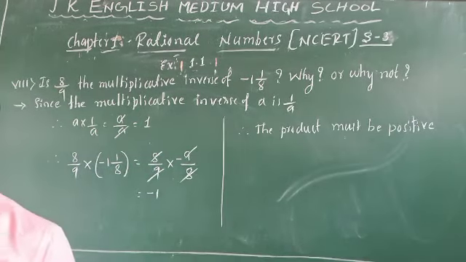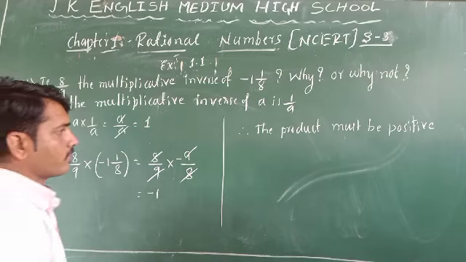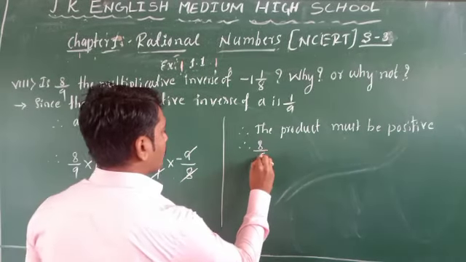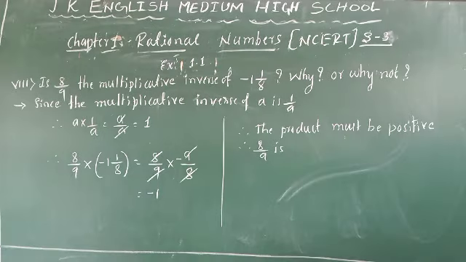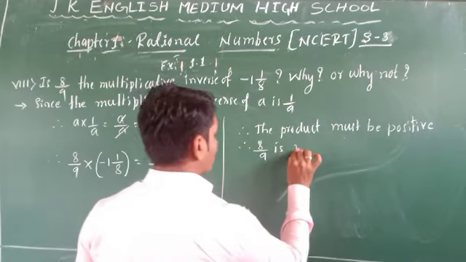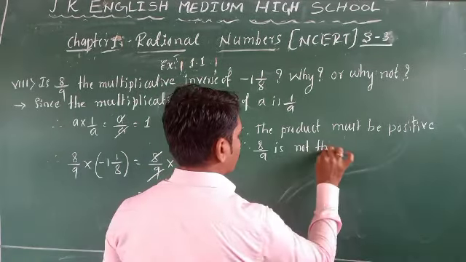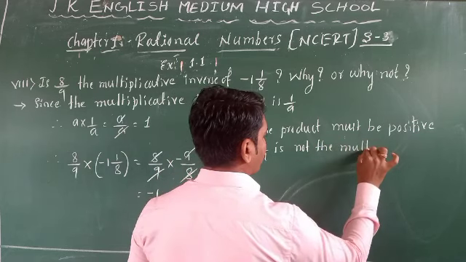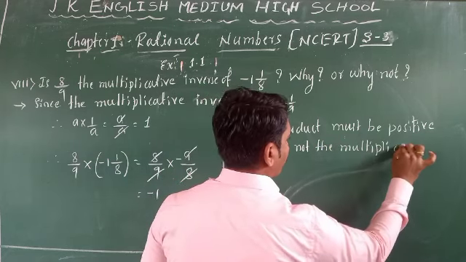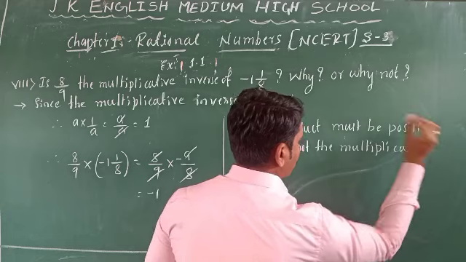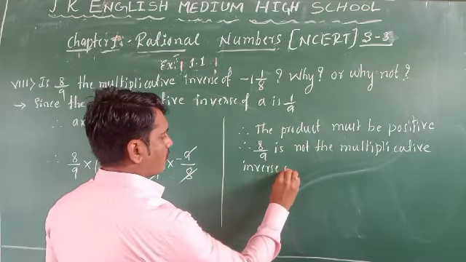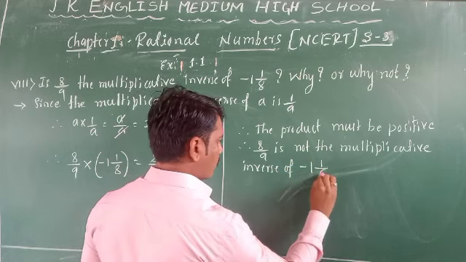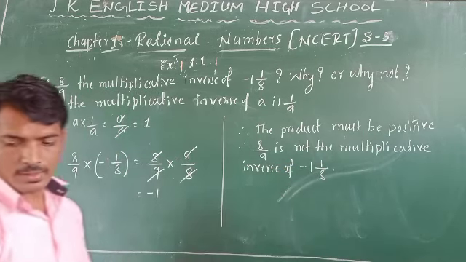Therefore 8 by 9 is not the multiplicative inverse of minus 1 integer 1 upon 8.